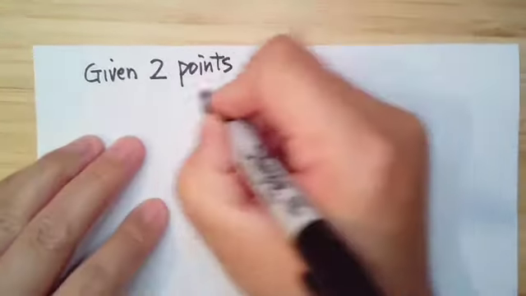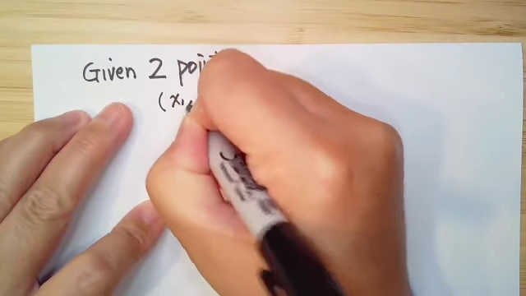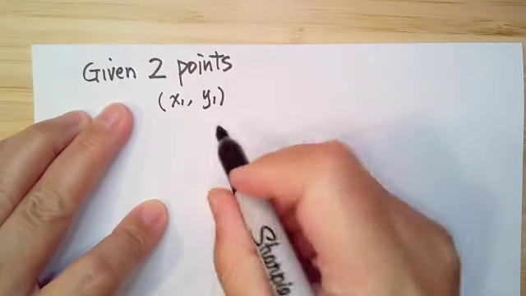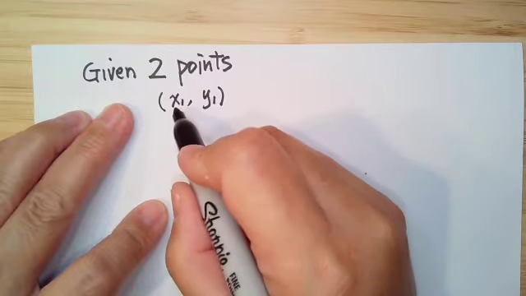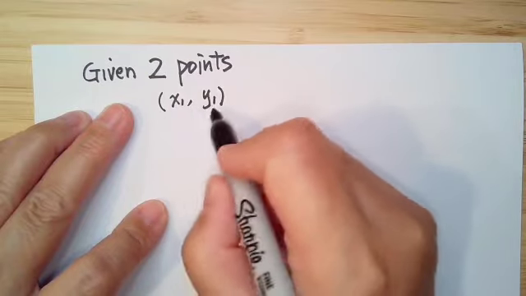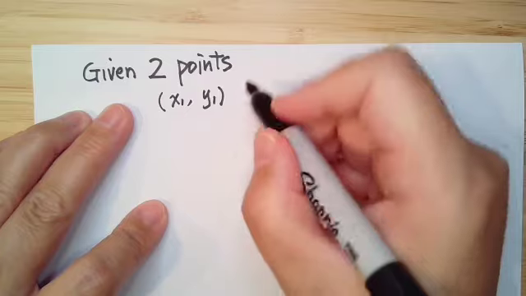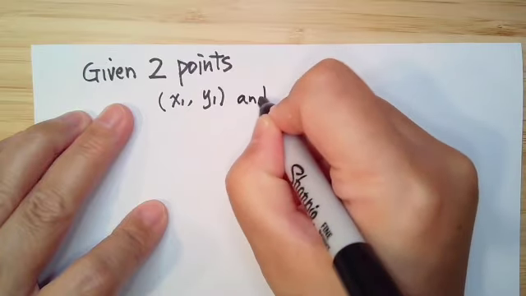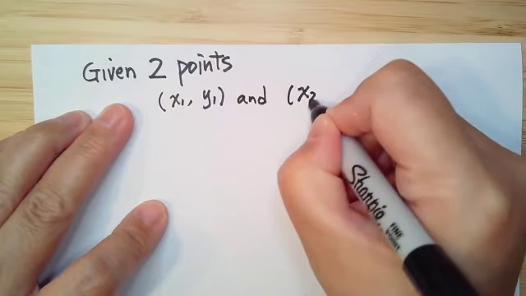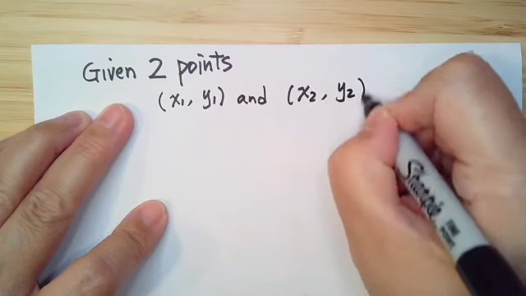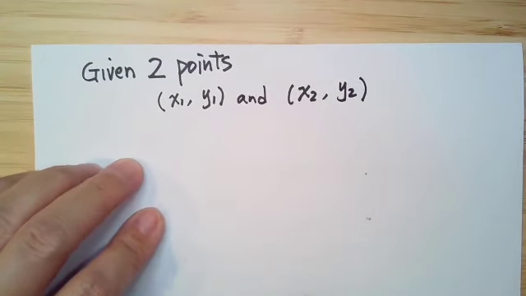So 2 points, I call them x1, y1, that's a pair, right? That's one pair of the x and y, the 2 numbers, that's the first point. And the second point is x2, y2. And then I ask you to write the equation.